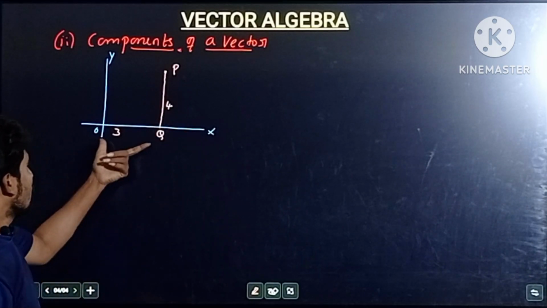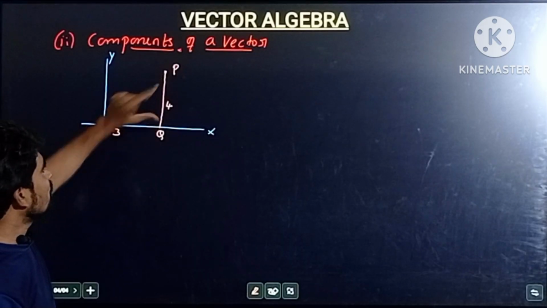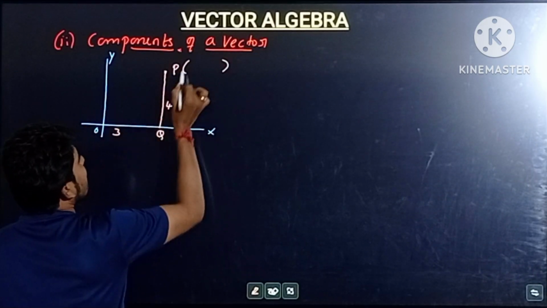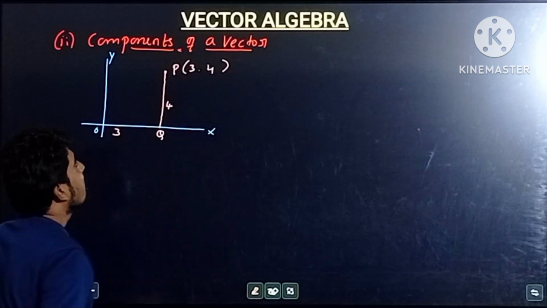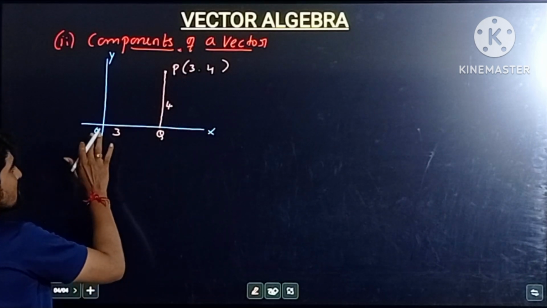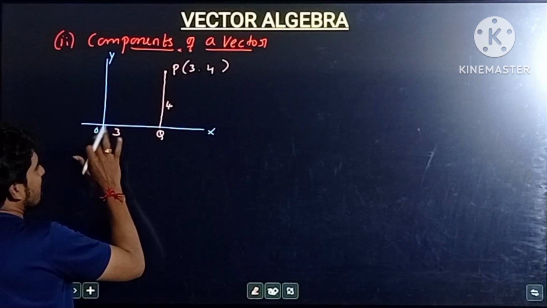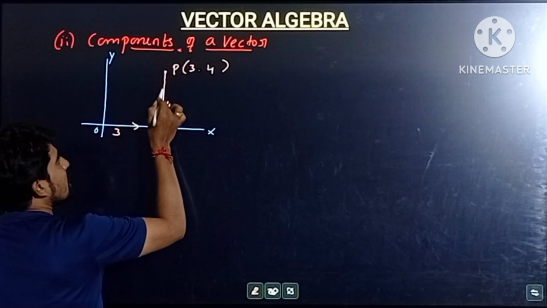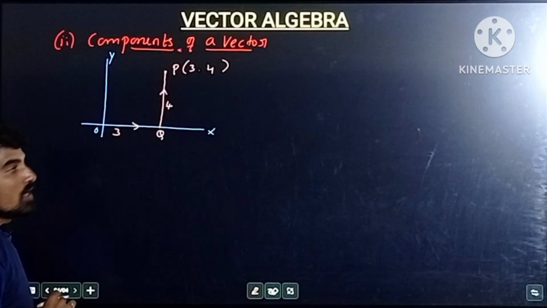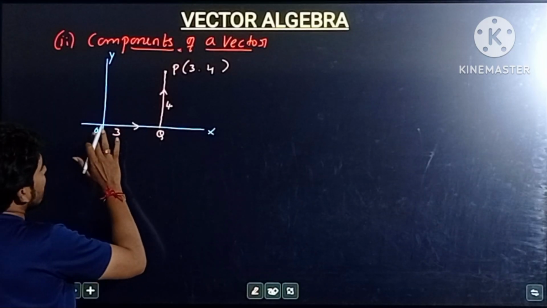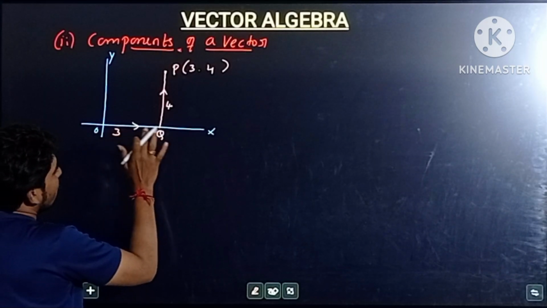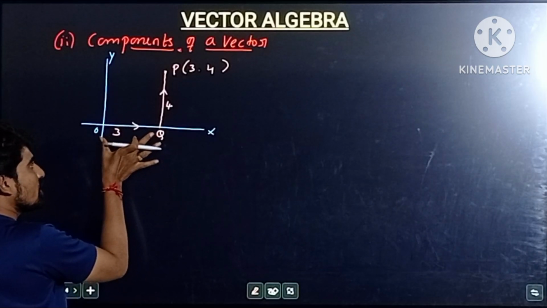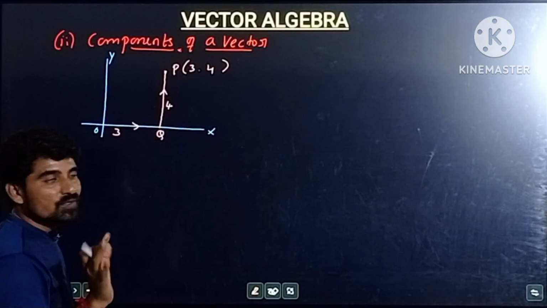So observe here, the OQ distance is 3 units and the QP distance is 4 units. It means the coordinates of the point P are 3, 4. The man started walking from the origin, so the direction is from O to Q, and then from Q to P. The distance between the points Q and O is 3 units, which means the magnitude of this OQ vector is 3 units.